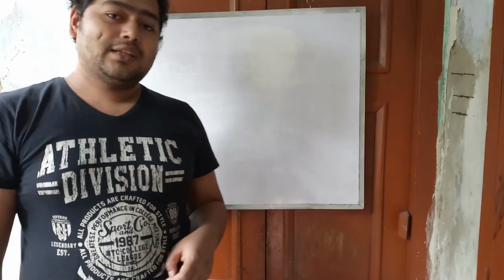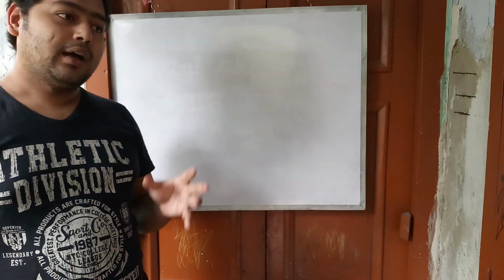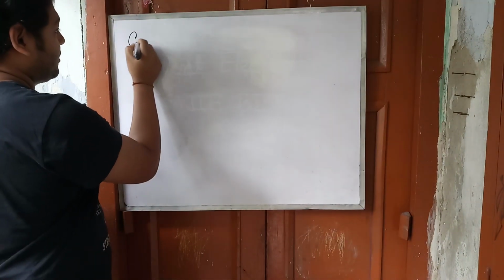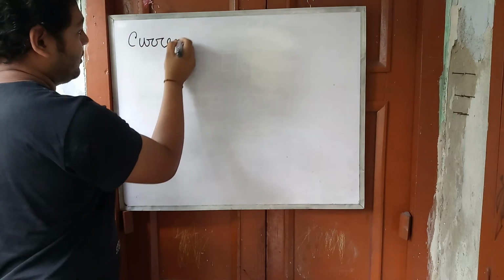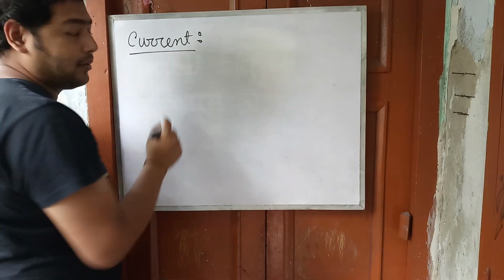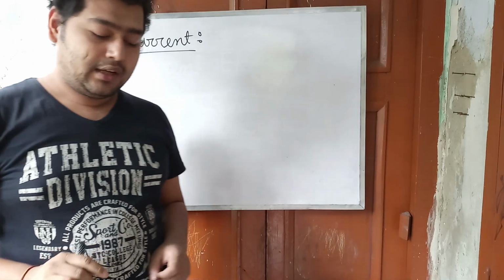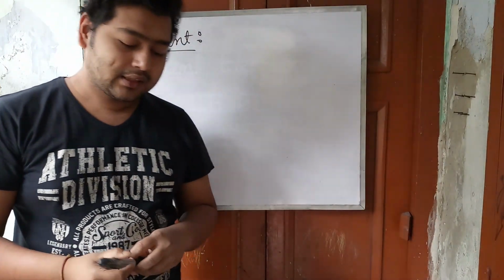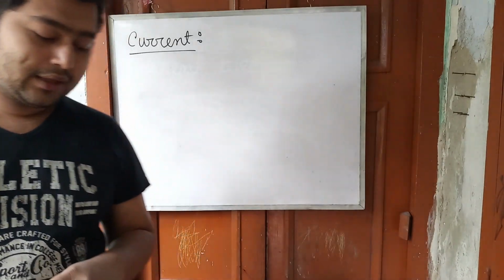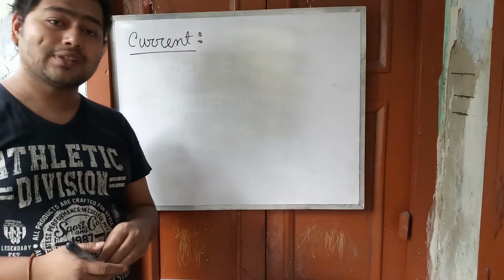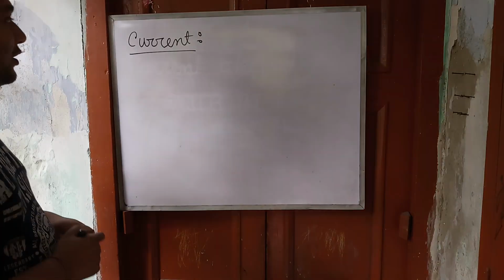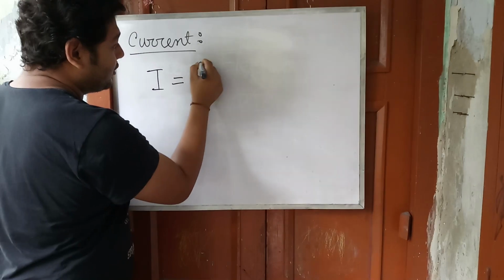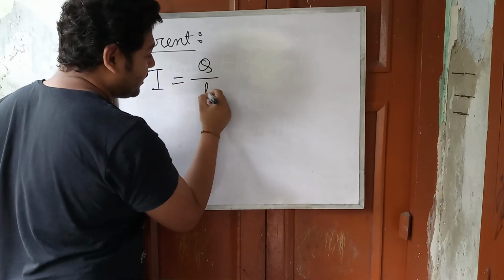For current electricity, now we will know about current. What is current? The definition of current: if a quantity of charge Q flows in time t, then we can write current as I equal to Q by t.